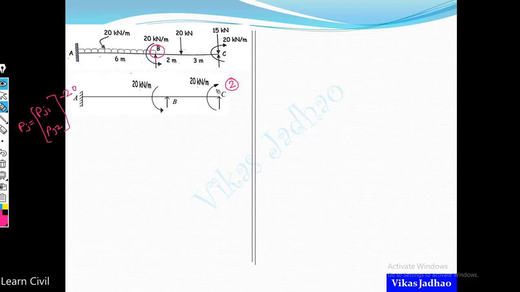It is plus 20 kilonewton meter, so this coefficient will be 20. So we get the PJ matrix like this, that is minus 20 and 20. These will be the two coefficients.